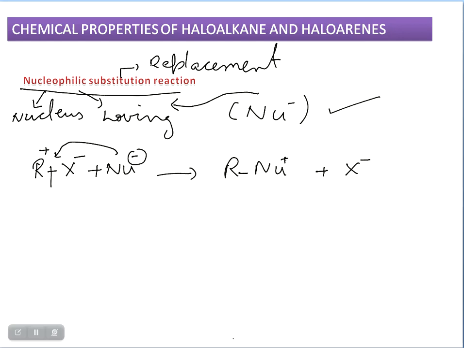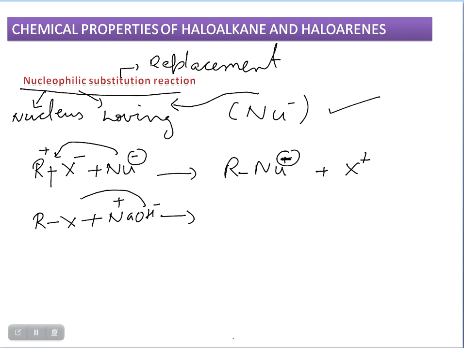So this is the product, X minus is there. Take one more example, RX plus NaOH. This is the negative part, this is the positive part.